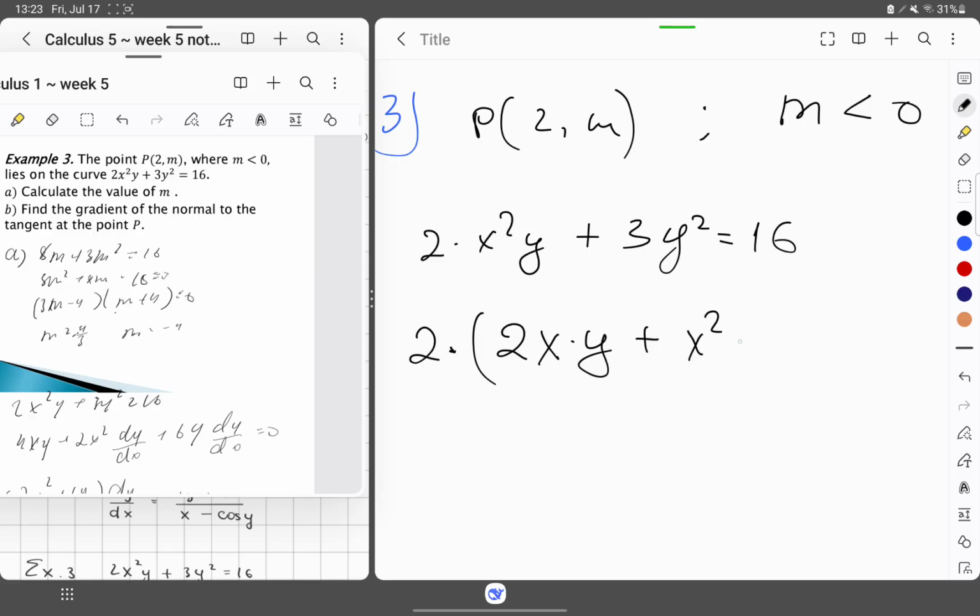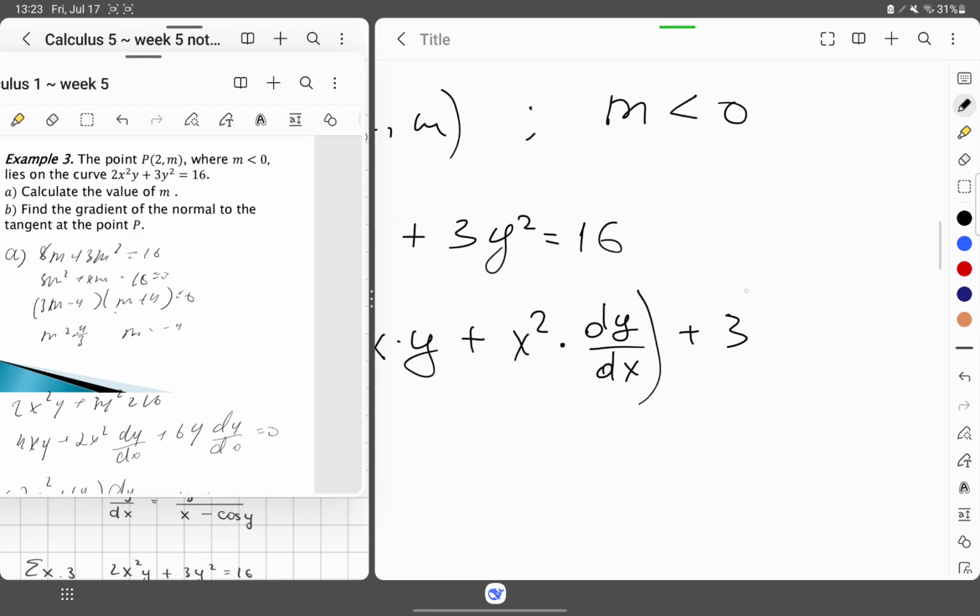dy over dx plus 3 times 6y times dy over dx. I think it's true, it will be 16.